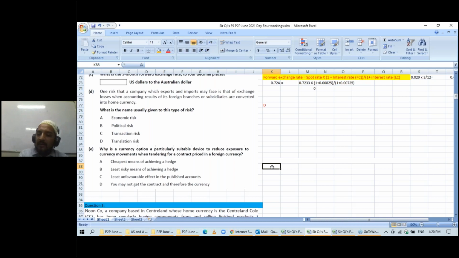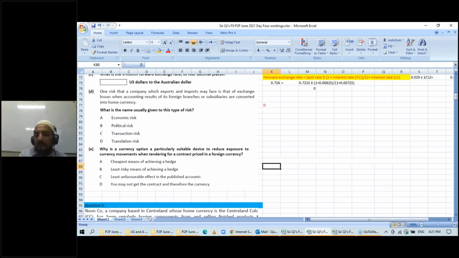So can we enter into a forward contract for receipts? We cannot, because we are uncertain as to whether we will enter into a contract or not, and whether the foreign currency will be received or not, right? If we enter into a foreign currency option, we have a choice: if you need, you can exercise the option and convert the foreign currency into the local currency.